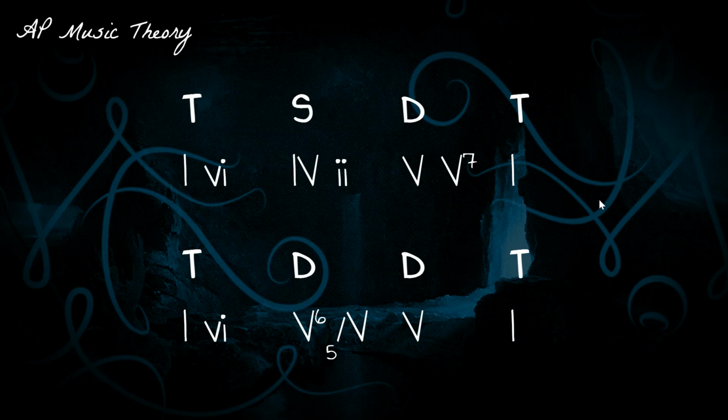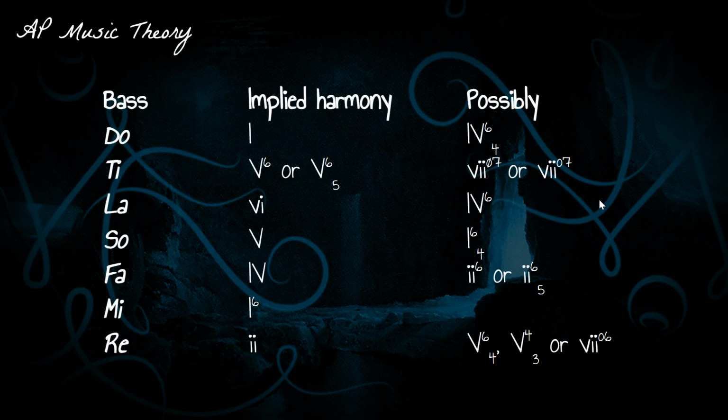So, implied harmonies. Let's start with what is common to each segment of a phrase, understanding what harmonies are implied from knowing the bass line. So when the bass is do, the implied harmony is tonic, or possibly a second inversion subdominant. If the bass is ti, the implied harmony is a first inversion dominant chord, either with an added 7th or just a triad.